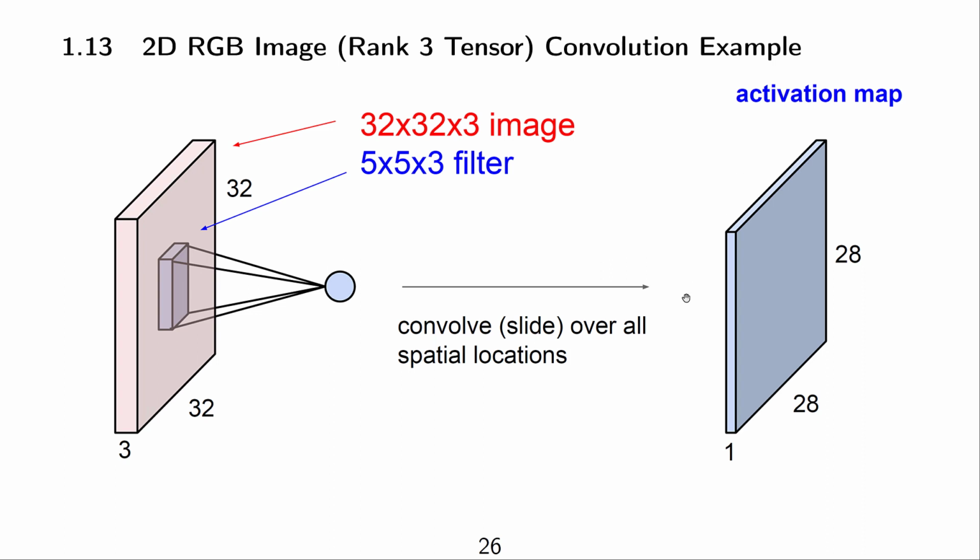Let's also think of other design choices. Why extend the depth of the filter? Why not simply take a 5 times 5 filter and use it to convolve the first layer, which gives one output activation map, then convolve the second channel to give another activation map, and then convolve the third channel to give a third activation map?